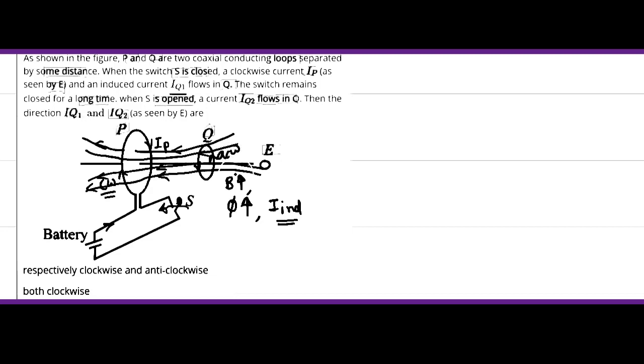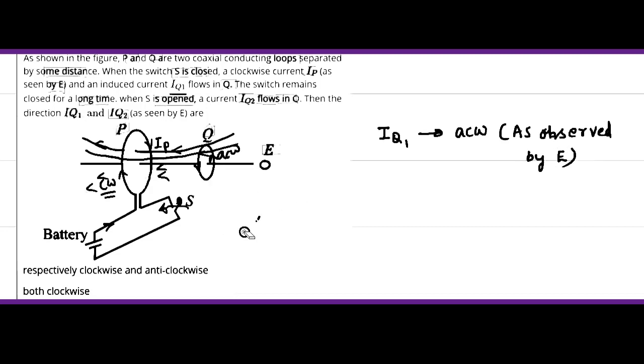So the current in loop Q, IQ1, will be anti-clockwise as observed by E.